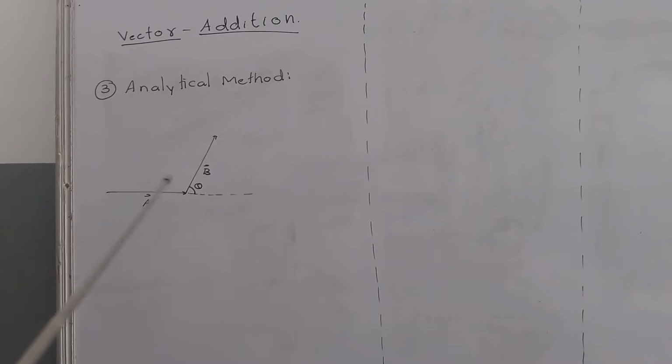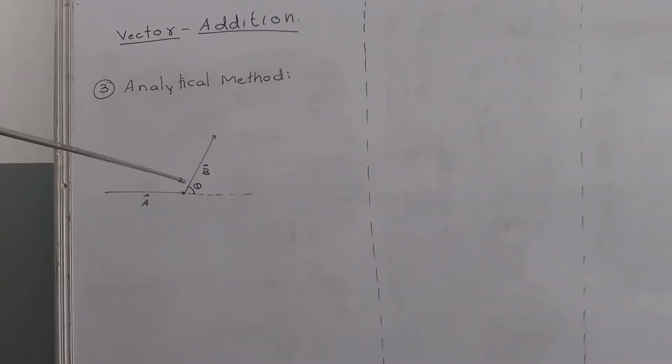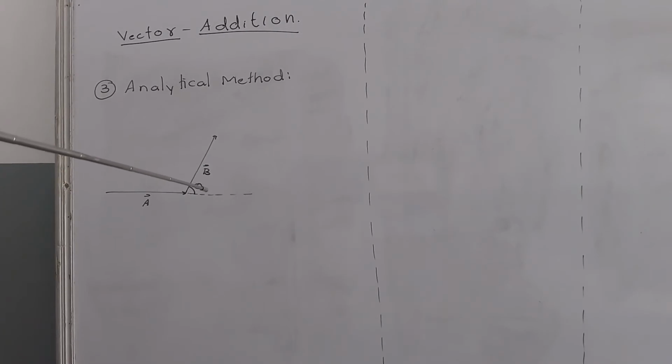Now what is this angle theta? This angle is the angle between vector A and vector B. Now you would say, sir, why is this not the angle between vector A and vector B? Just a word of caution: if you want to know the angle between two vectors, I am repeating, you have to start drawing them from the same initial point.